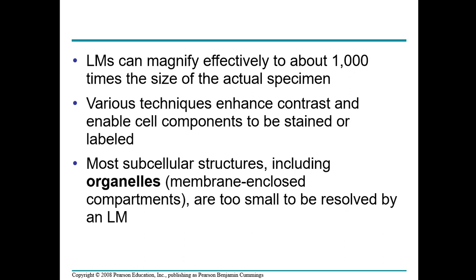Kasi, sabi ko nga, even though you can magnify cells effectively, mataas yung resolution ng microscope mo, mataas yung magnification, but then kapag yung contrast ay mababa, you cannot actually distinguish different parts of the cell.